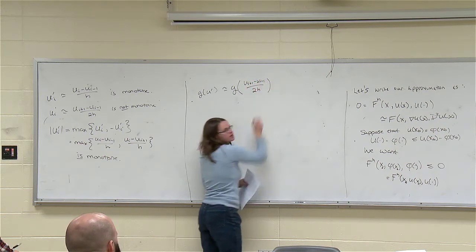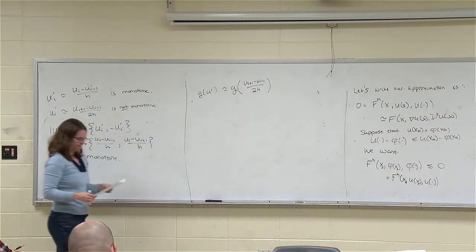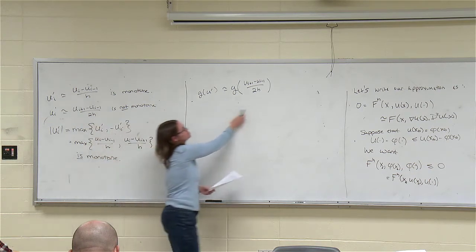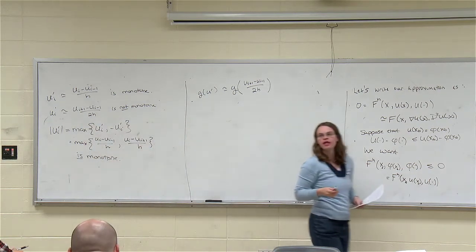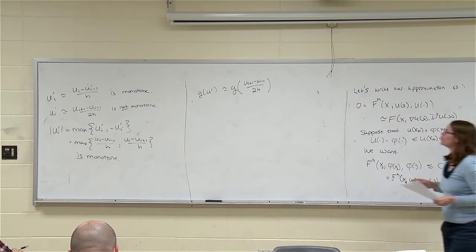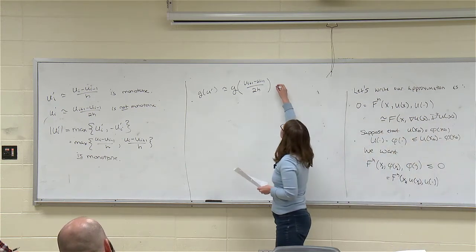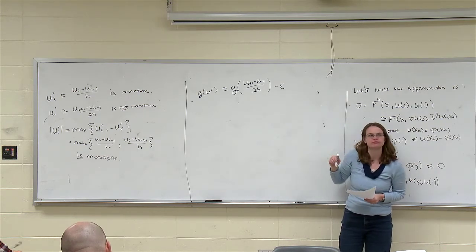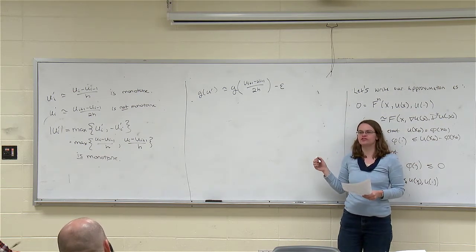So I put this in here, and then I say, but I can't just stop here, because this is going to break things. So I use a trick. I have non-monotonicity potentially in here, almost certainly in here. I need to add another term that's going to somehow outweigh that. And the way I can do that is to include a small multiple of the Laplacian, the second derivative, a small viscous term.